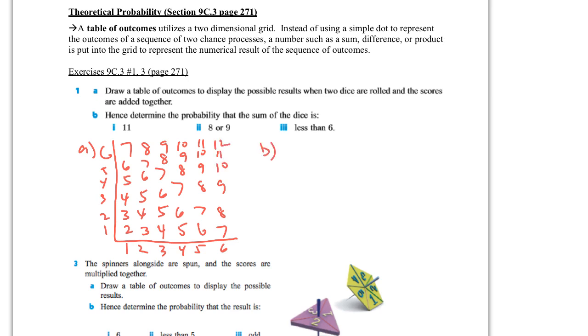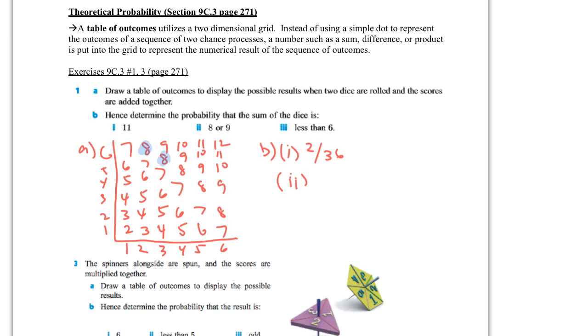So now part B is easy if I have this table of outcomes. What's the chance that a sum of 11 shows up? So B, Roman numeral 1, 2 out of 36. Roman numeral 2, 8 or 9 show up. Just go in there and count your 8s or 9s.